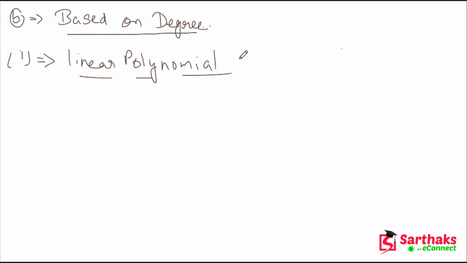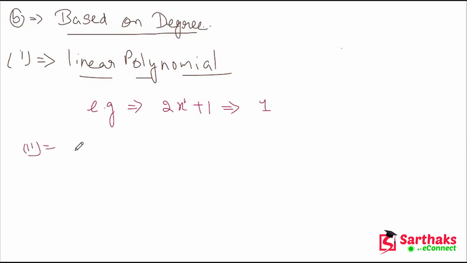A polynomial whose degree is 1 is called a linear polynomial. For example, 2x plus 1. In this case, the maximum degree is 1. So what is the degree of this polynomial? 1. So this is a linear polynomial.